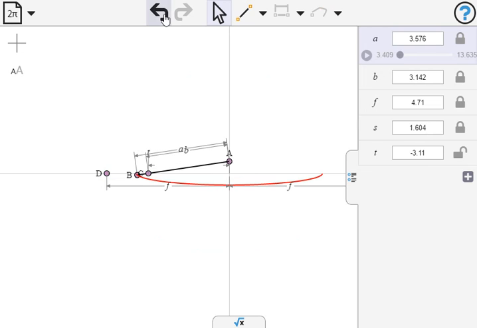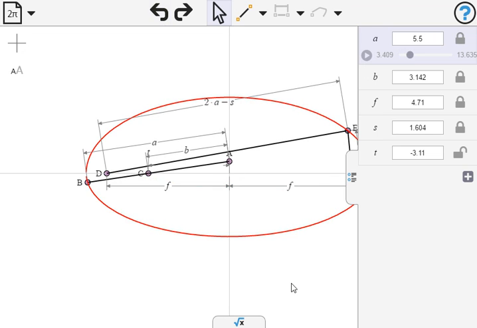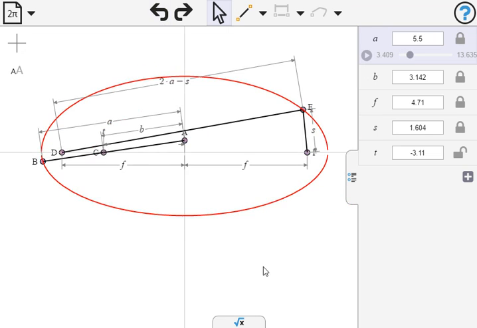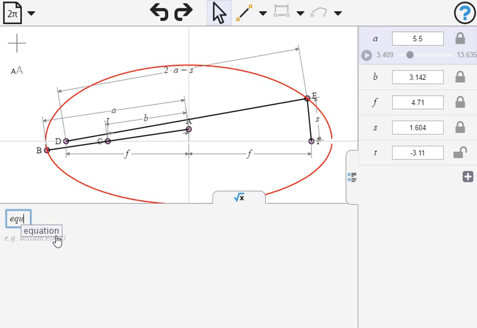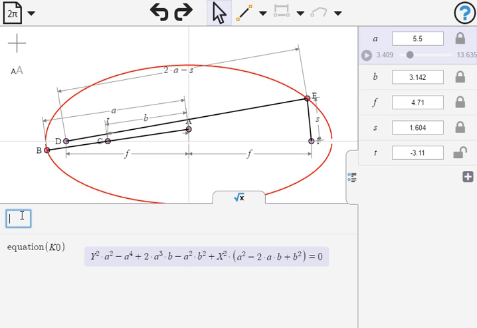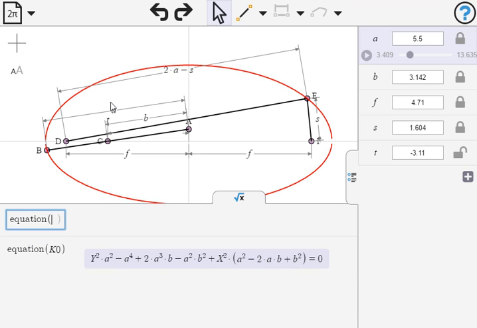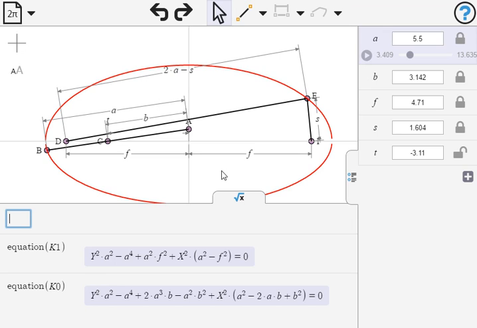Let me just see what happened there. So what we're going to do next is find the equation of these curves. So the equation of the trammel generated curve looks like that, and the equation of the string generated curve is going to look like this. If we look at those equations, they've got y squared is times a squared.